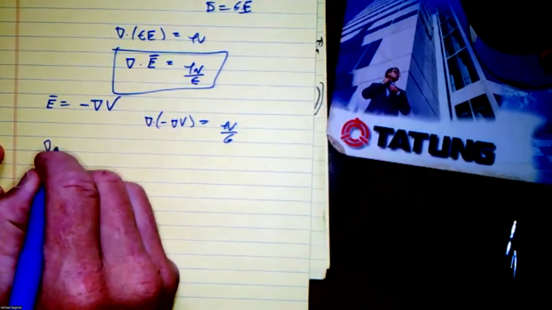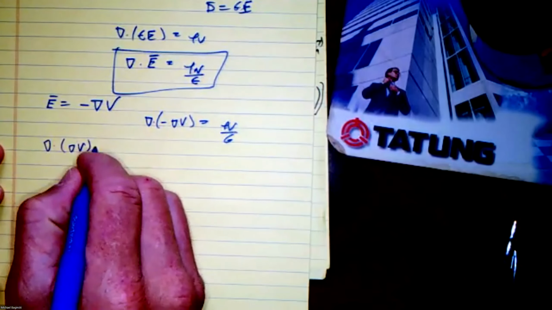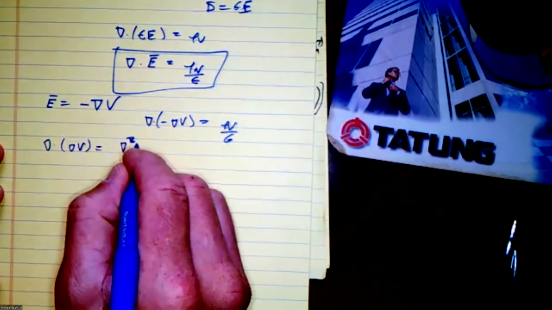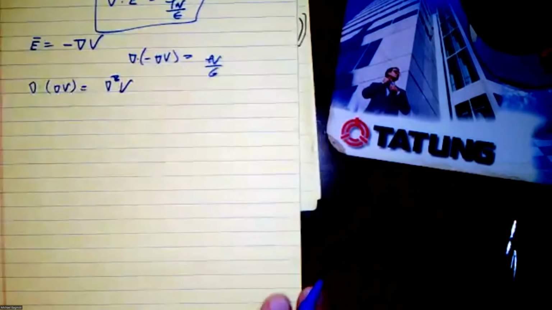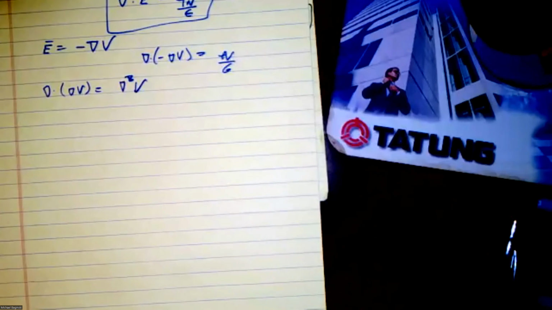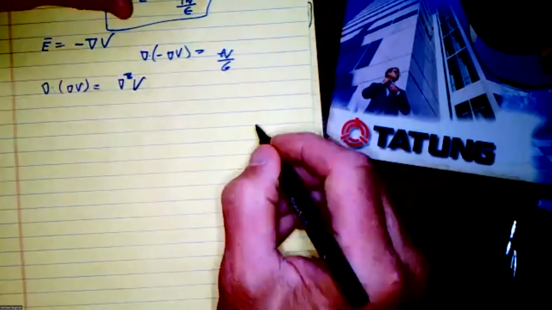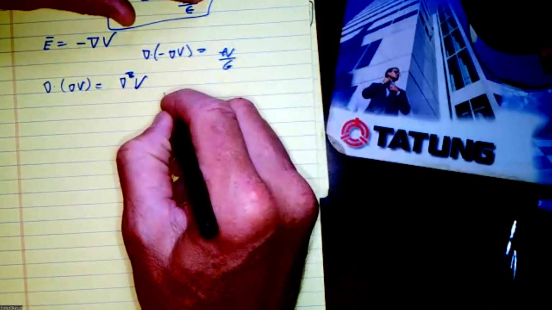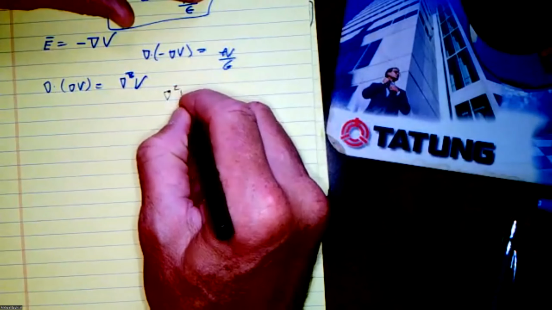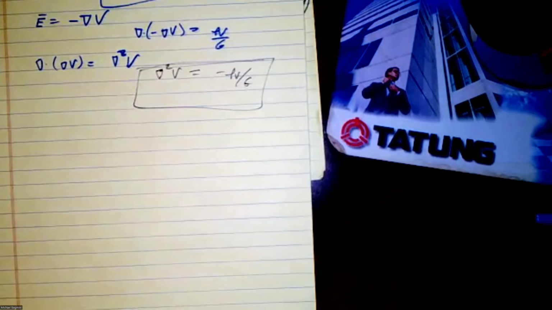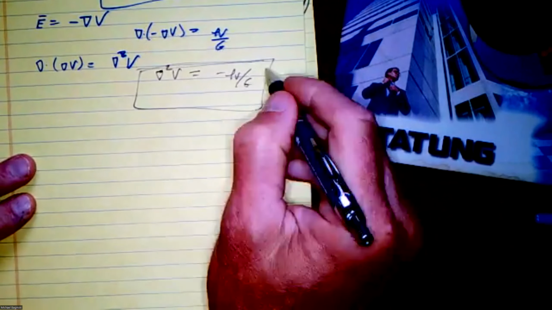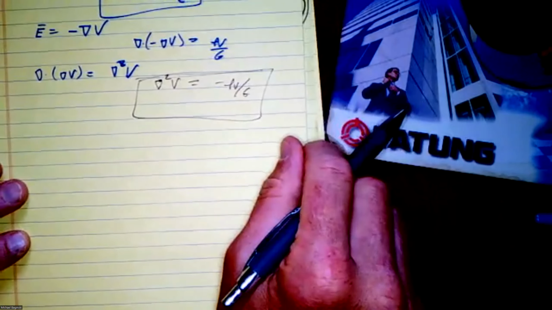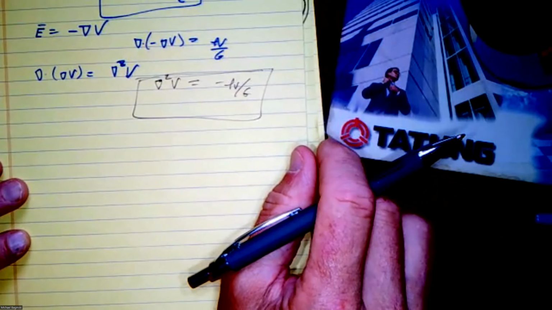So divergence of the gradient of v is simply del squared of v. So what it comes down to is del squared of v is equal to minus rho v over epsilon. And that is really called Poisson's equation. Laplace's equation is when it equals zero, when the charge density is zero. Everybody okay with that?